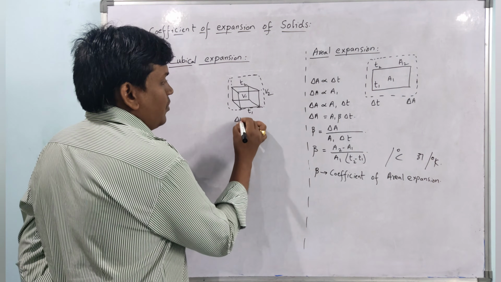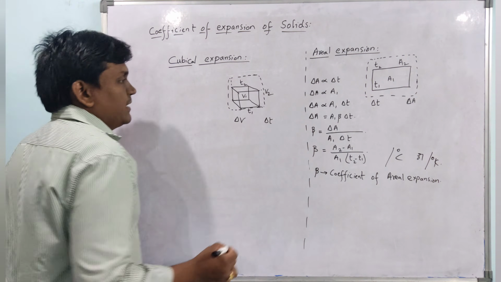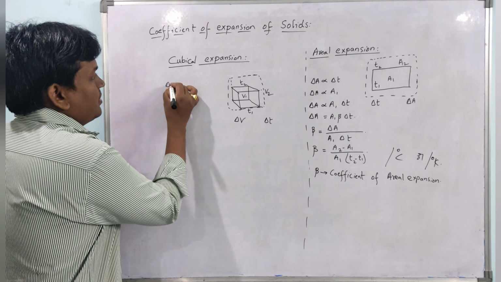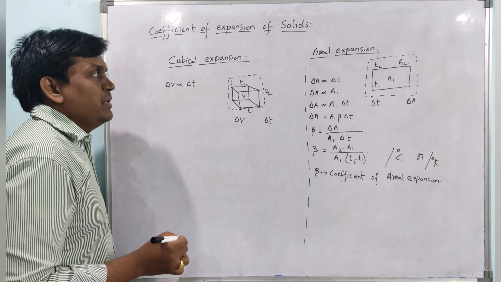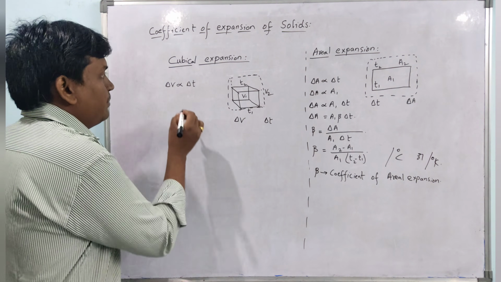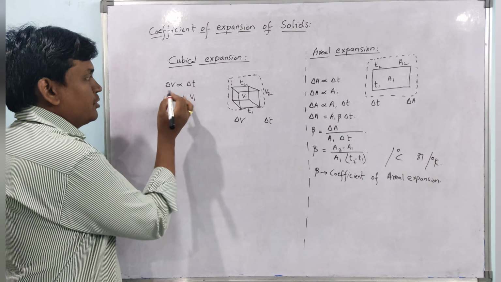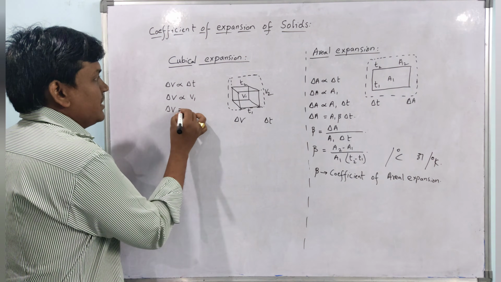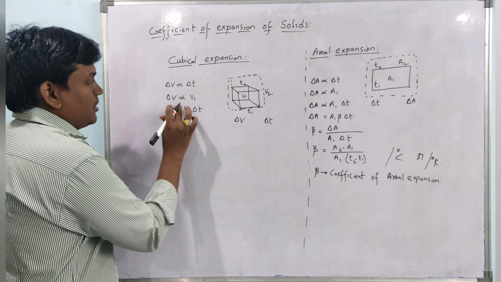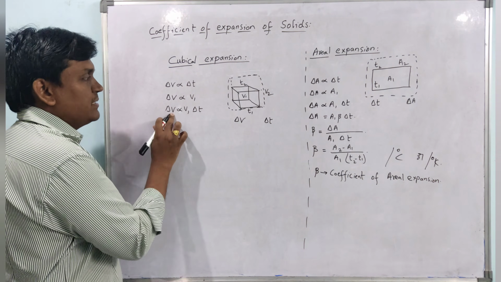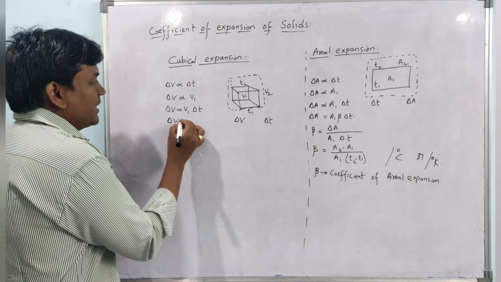So the change in volume is delta V and the change in temperature is delta T. Change in volume delta V is directly proportional to change in temperature. The volume of the cube changes due to change in the temperature only. And delta V is directly proportional to V1. So by these two we can write delta V is proportional to V1 delta T. And to make it equal, we will bring a constant.